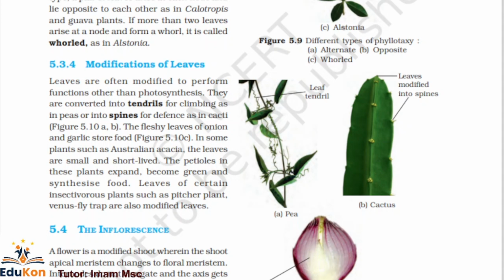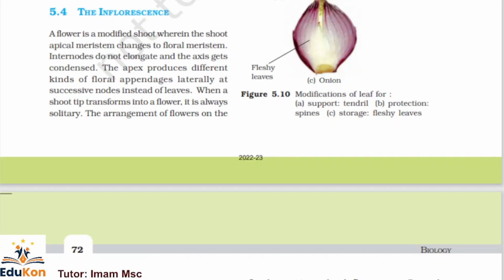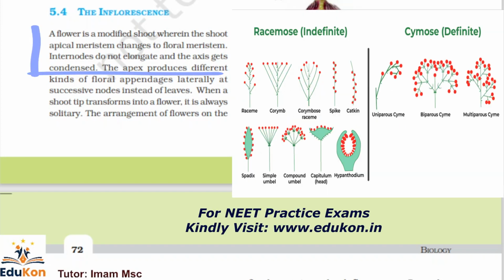Coming to the inflorescence. What is inflorescence? The flower is a modified shoot wherein the shoot apical meristem changes to floral meristem. Internodes do not elongate and the axis gets condensed.